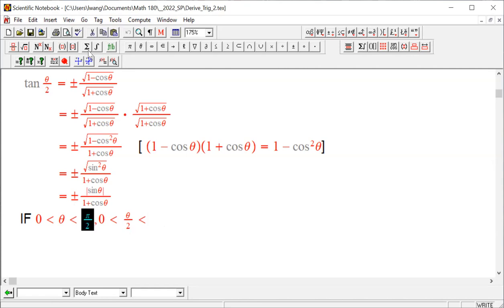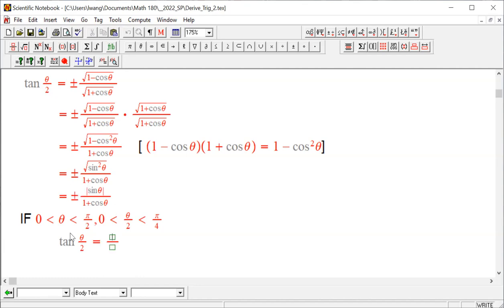It's going to be in pi over 4. So if theta over 2 is in the first quadrant, the plus minus will be choosing the plus.